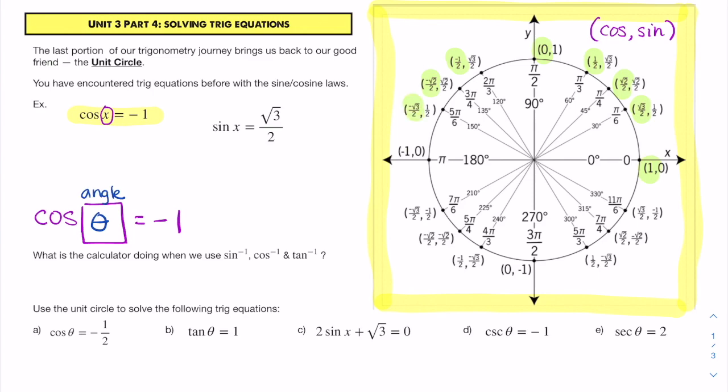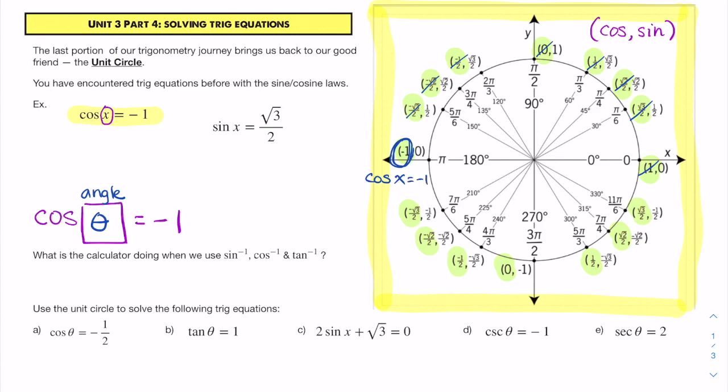Okay, and what we're looking for is which one of these has a cosine that is -1. So let's go one by one. Nope, that one's 1. Nope, nope, nope, nope, nope, nope, nope. There we go, right? So see how here the cosine of whatever angle is equal to -1.